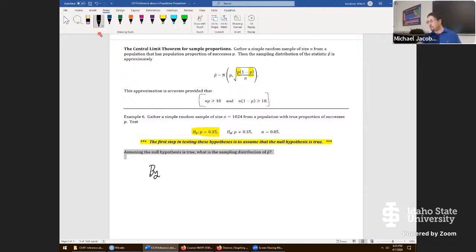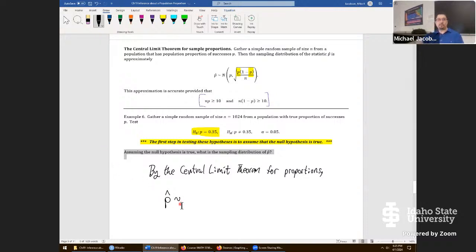Well, by the central limit theorem for proportions, we have that P hat, our statistic, is distributed as, this is not the same tilde as before, this one is the actual symbol for is distributed as.